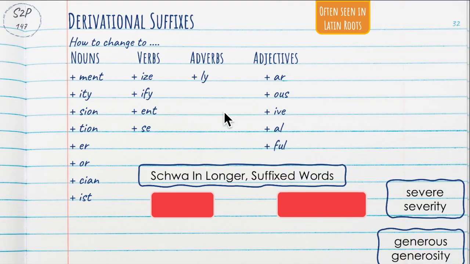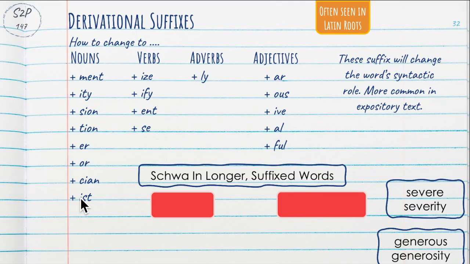That wasn't a very good example. It's hard to think of them off the top of my head. Category is another one. Category is a noun, but if I do categorize, adding ize, that's now turning it into a verb. So that's what derivational suffixes do. They will be added to a word and they change the role in the sentence.